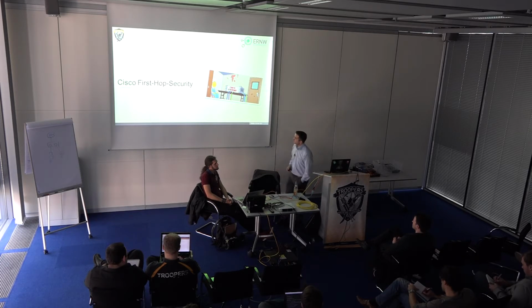The marketing term for all these security features is Cisco First Hop Security, FHS for short, which was released in several waves and included all kinds of mitigating techniques for several attacks.